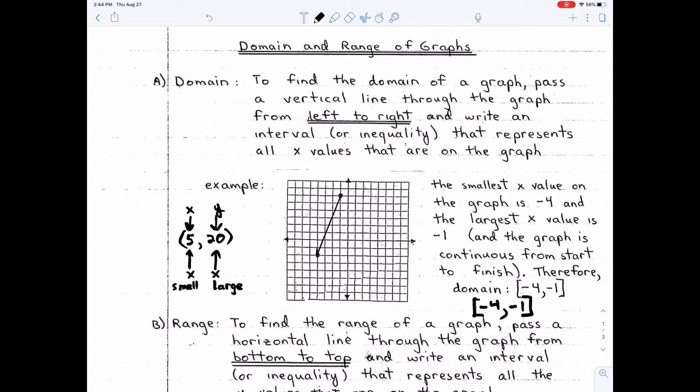Okay? If we're referring to points, the first one's X, the second one's Y. If we're referring to an interval, it represents the same variable. And if it's domain, that same variable is X. What if we were talking about range, which we'll get to in a second? Then they would both be Y's, the smallest Y to the largest Y. So you have to be very careful with notation.